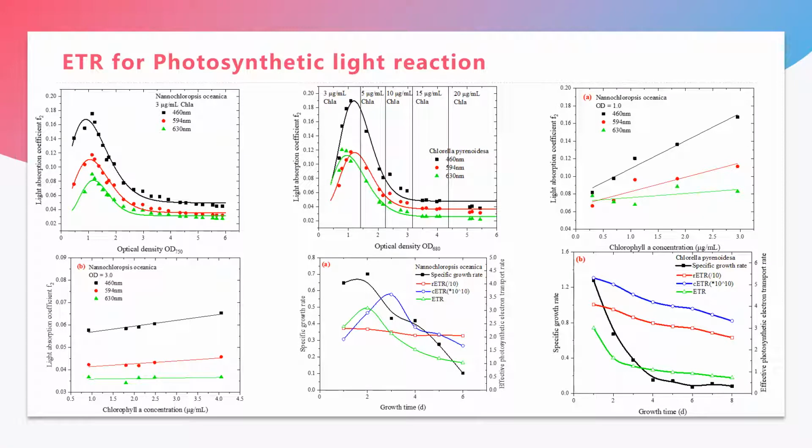Well, from this formula, we can see the new F2 was changed with different cell density and pigment concentration, because optical properties, including scattering and transmittance of microalgal cells in suspension, will be changed in the whole growth period.